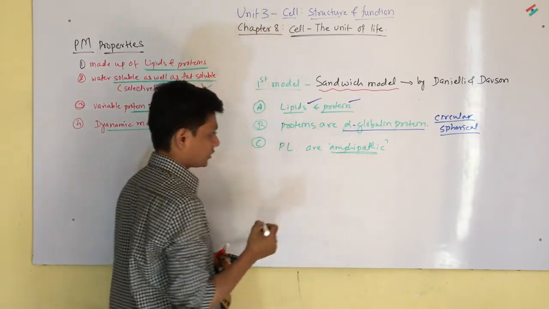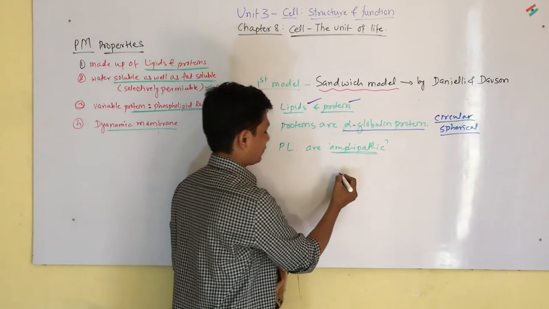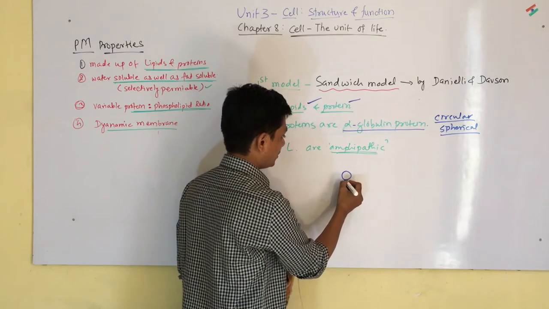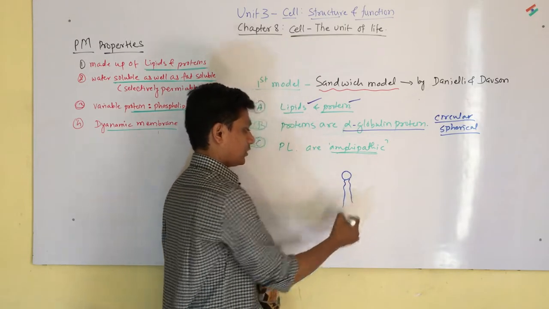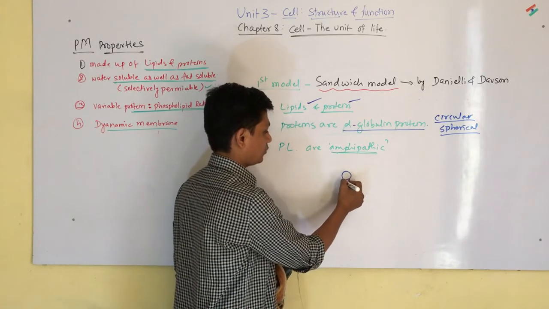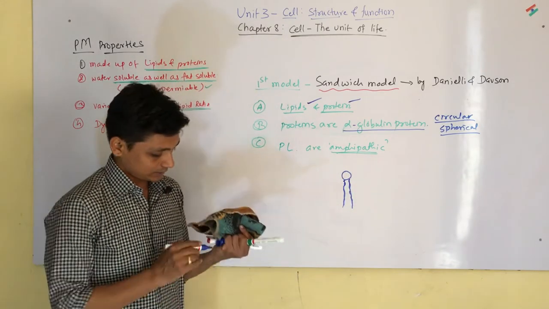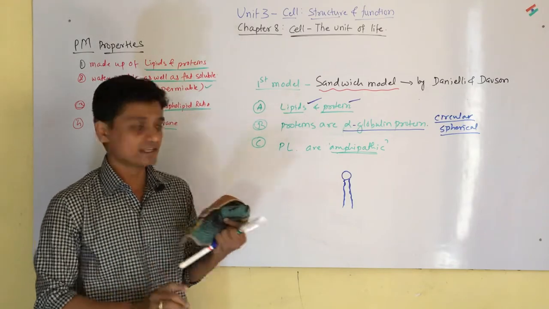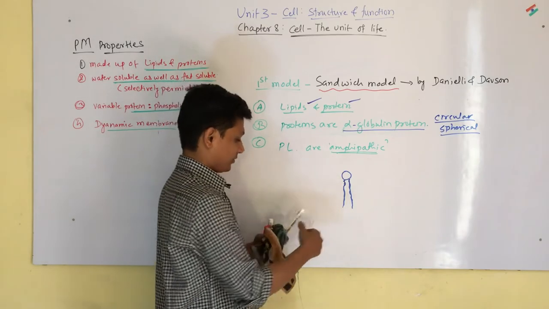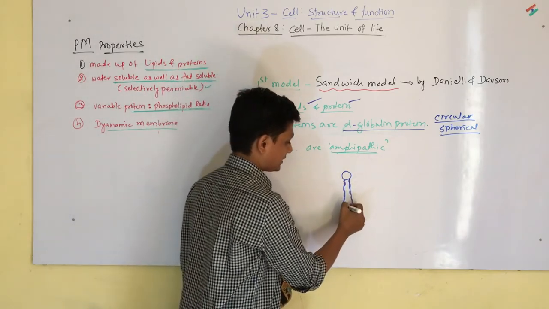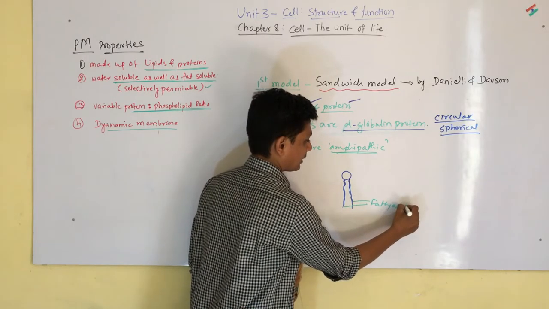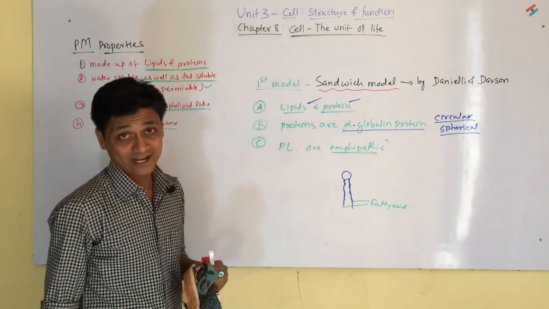So we will draw the structure of this. First, the phospholipid. This is the glycerol molecule, and to that glycerol molecule 2 fatty acid chains are attached. As we know, there are 3 positions to attach fatty acids to the glycerol molecule, but in this phospholipid only two fatty acids are attached, so it is also known as a diglyceride.